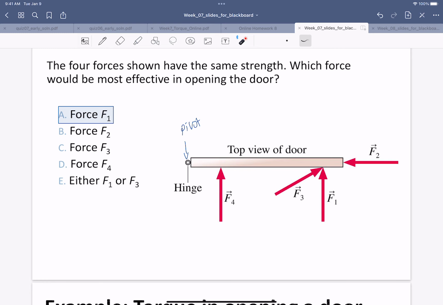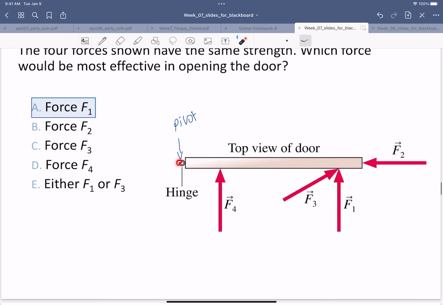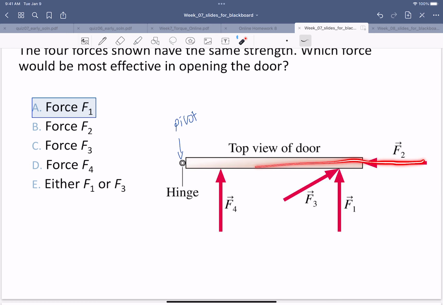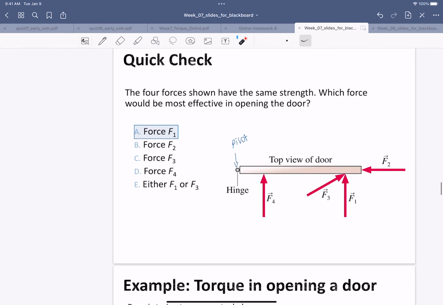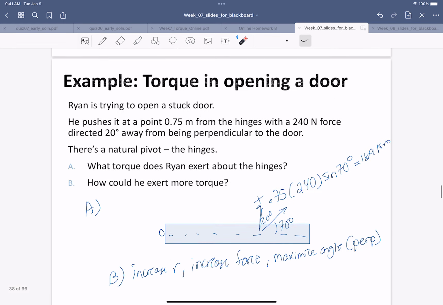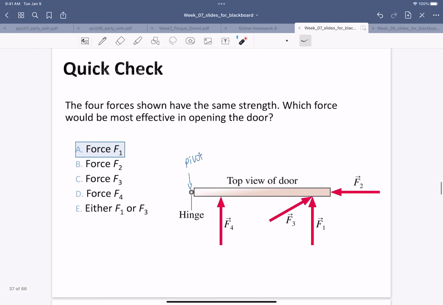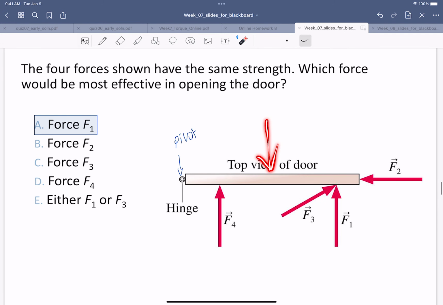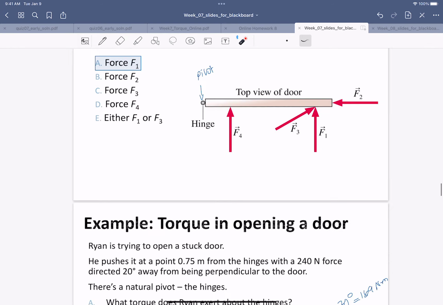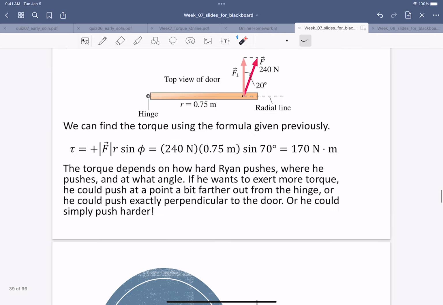So there's two instances where you can have 0 torque: either when you're applying a force at the pivot or you're applying a force along the radial line instead of at an angle. So if I, for example, also push down like this, it pushes it clockwise, and clockwise is negative. So that's another way to think about things as well.